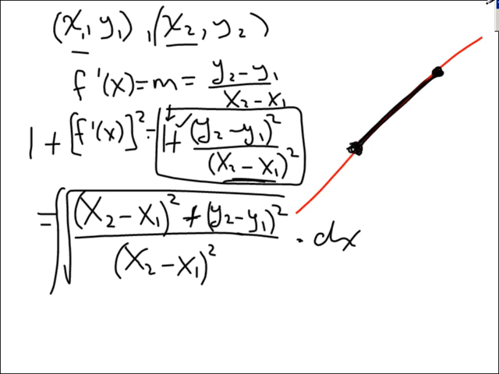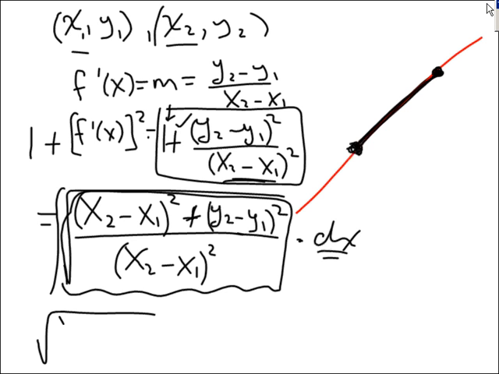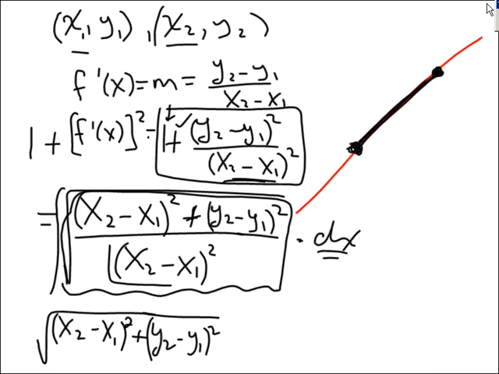Now everything above, all of that, is a constant. We're just integrating dx. So we get our constant, (x2 minus x1) squared plus (y2 minus y1) squared. And you know what? The square root of the bottom is just x2 minus x1. I guess we could say at the beginning, assume x2 is bigger than x1.